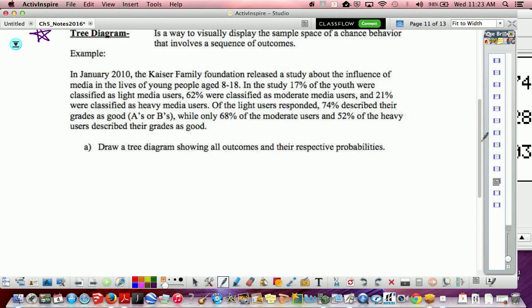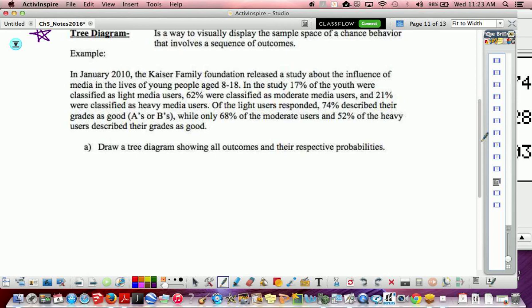Don't know how they classified light media users, but they have some sort of classification. Maybe it's like using media less than an hour a day. 62% were classified as moderate media users, maybe between 1 and 2 hours. 21% were classified as heavy media users, maybe more than 2 hours a day. I don't know for sure.